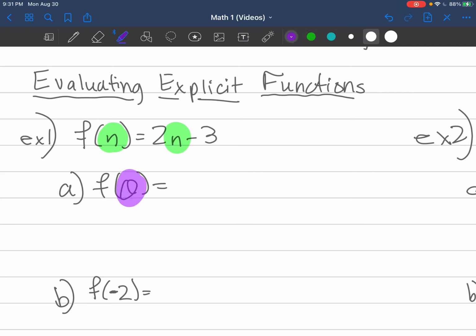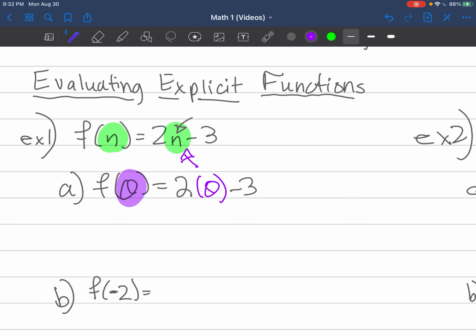In this case, we have f of 0. So I'm going to replace everywhere I see an n with the number 0. So I have 2 times 0 minus 3. All I did was replace this n with the number 0.